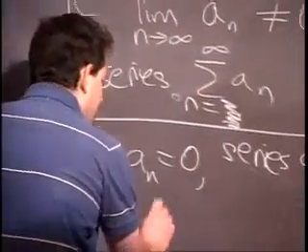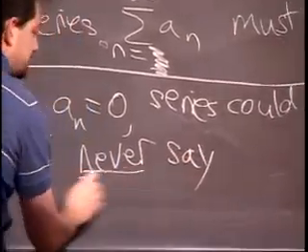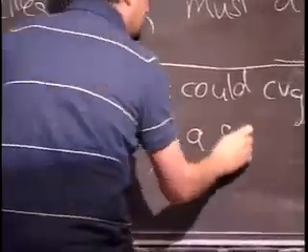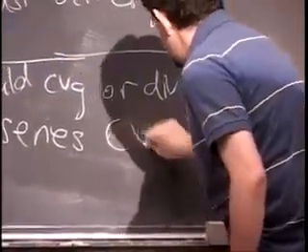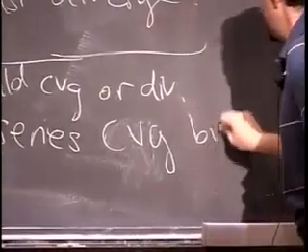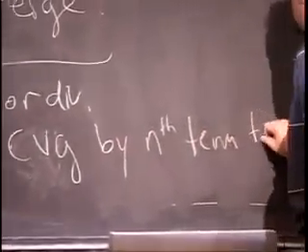Now, another way of saying this is: never say a series converges by the nth term test. Forbidden.